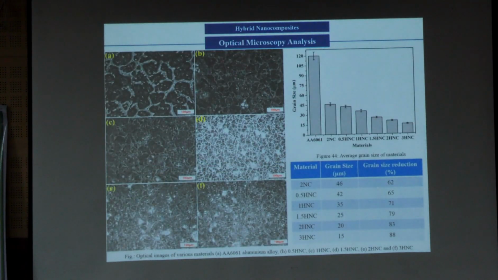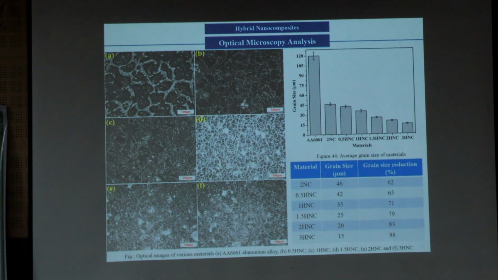And then this is the optical microscopy analysis, like how the particle distribution is there and how the matrix and particles are distributed, for the different composites, right? That is 2Nc and 0.5, 1, 1.5, 2 and 3%.